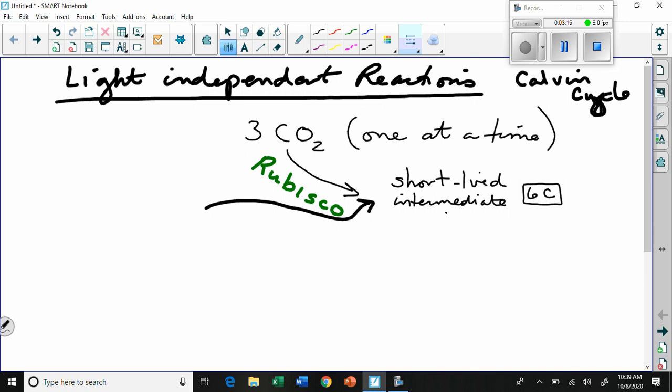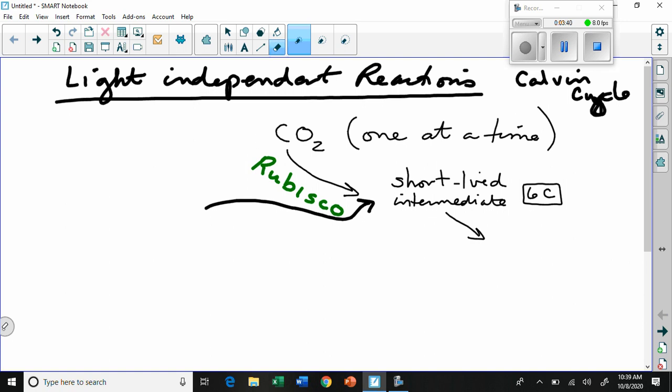This immediately breaks apart into 3-phosphoglycerate. And it makes 2 of them for each time. So if we're going to keep track of numbers, I'm thinking we should just do 1 carbon at a time. Why don't we just erase this 3 because it's going to confuse us.